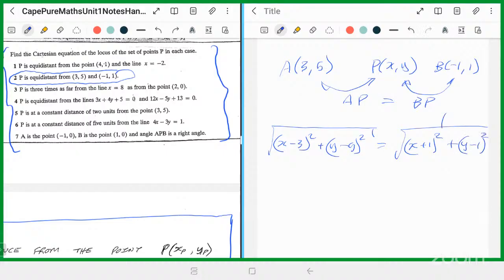And you can literally drop off the square root on both sides, because you can square both sides.